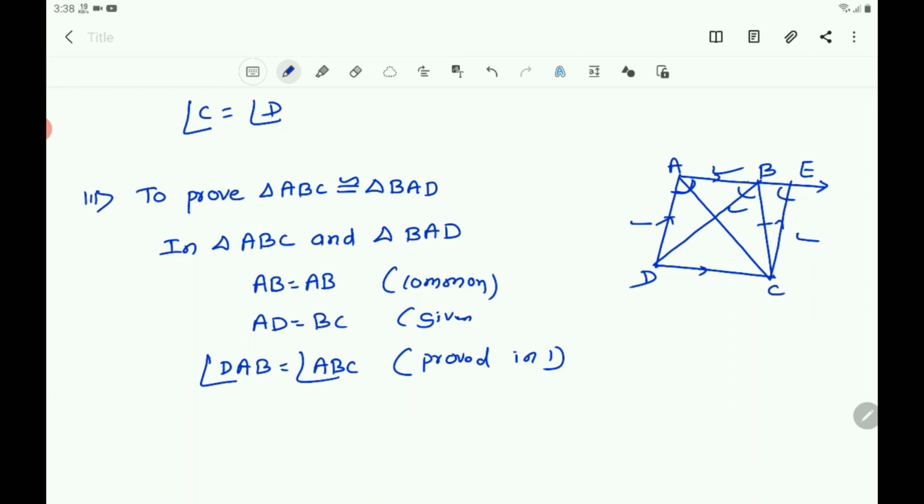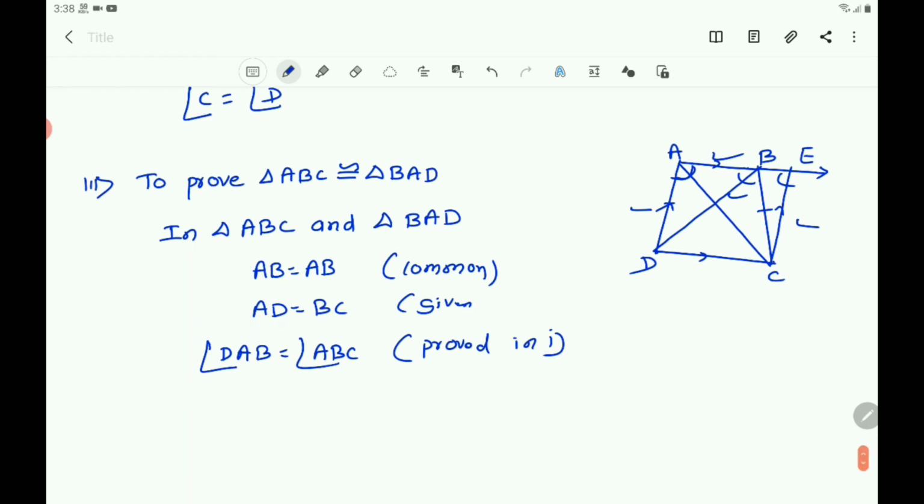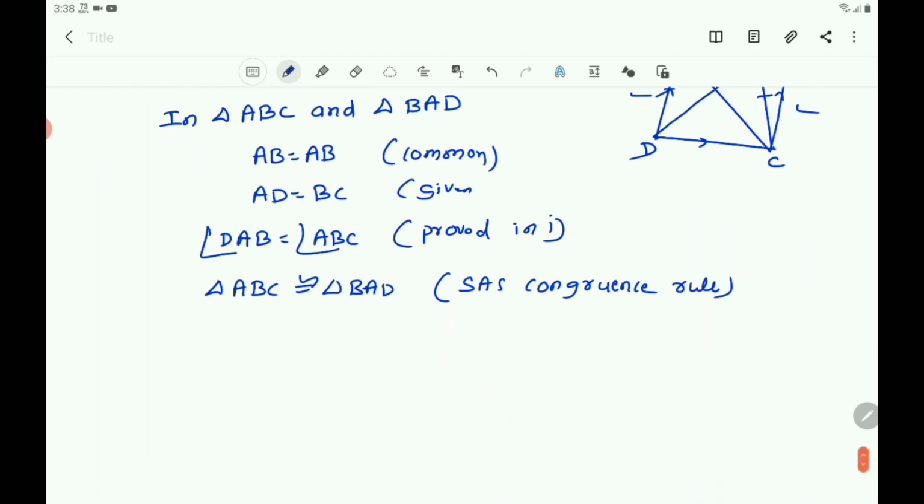Already it is proved. Then you can write that therefore triangle ABC is congruent to triangle BAD by the side-angle-side postulate, that is the SAS congruence rule. In this way you got that triangle ABC is congruent to triangle BAD.